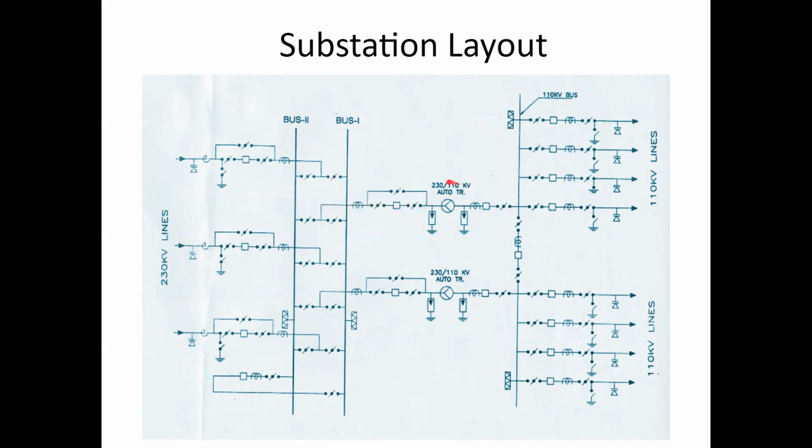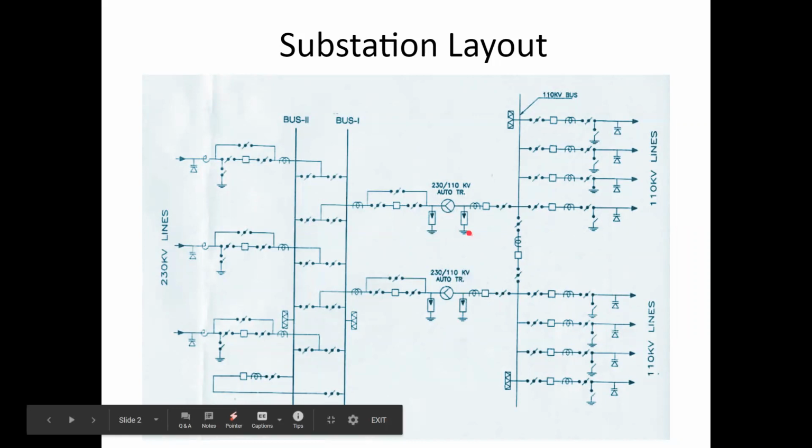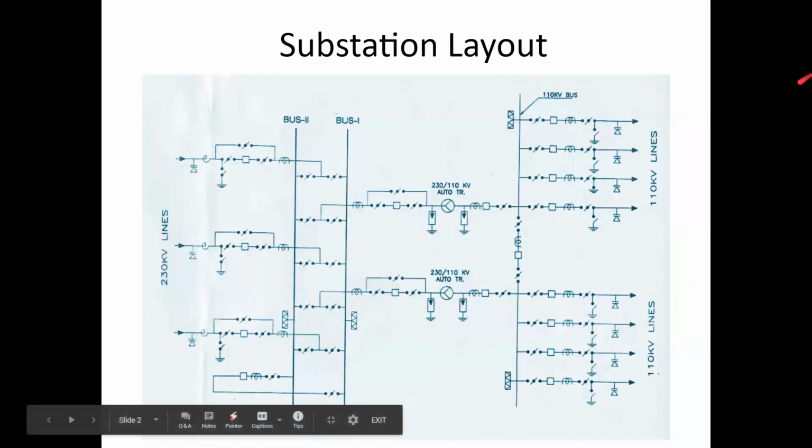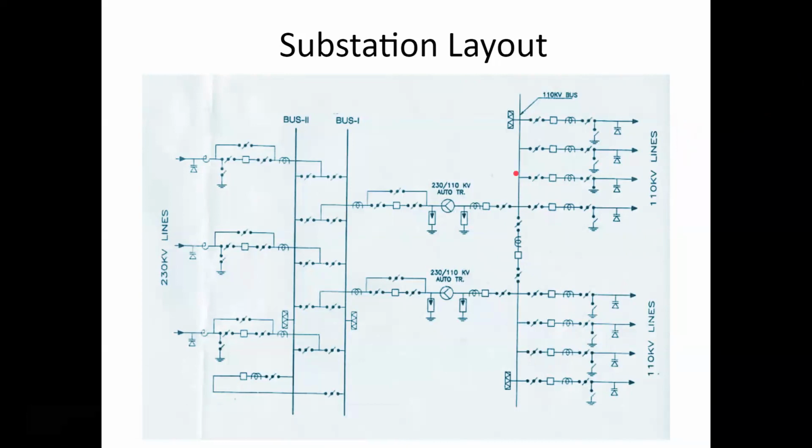Then in that substation, you have two transformers which change 230 kilovolt to 110 kilovolt. So two transformers are working in parallel, and these two transformers are connected to these bus bars. Then they are connected to the low voltage side bus. On the low voltage side, instead of two bus bars, we use only a single bus.